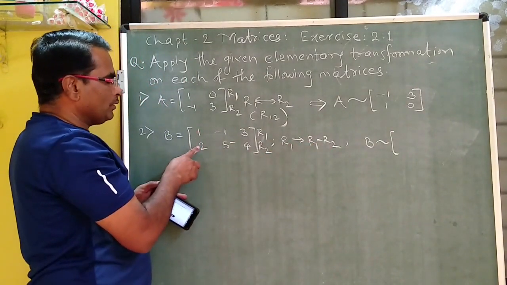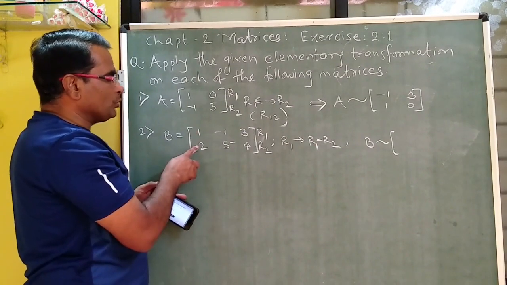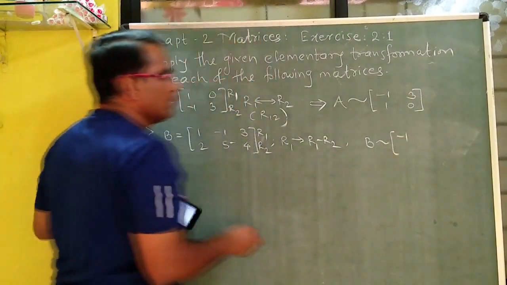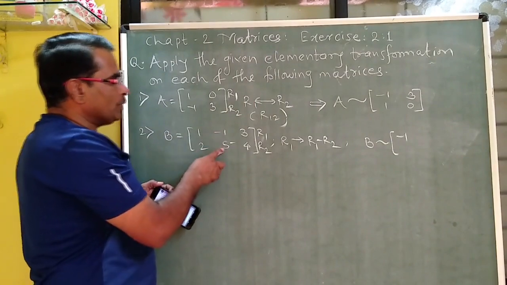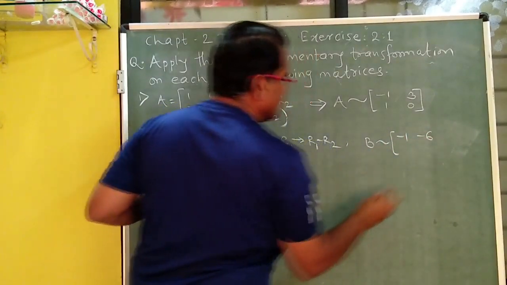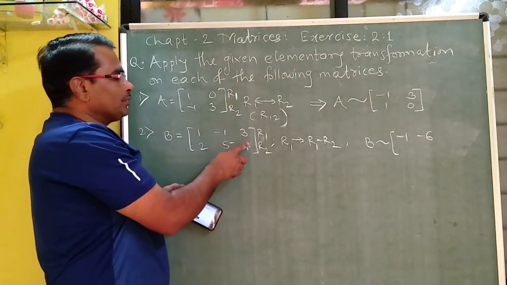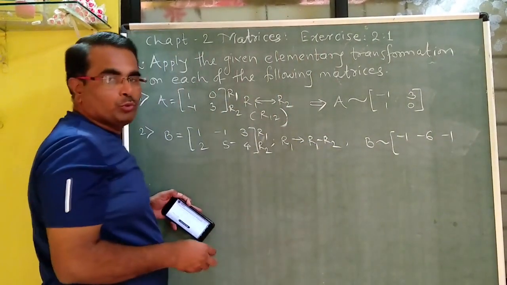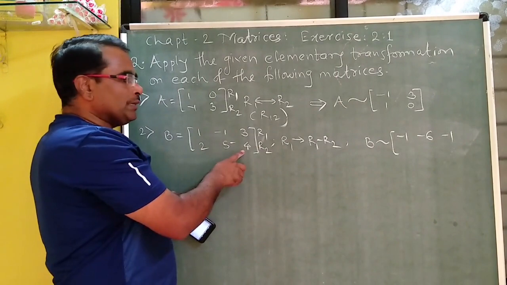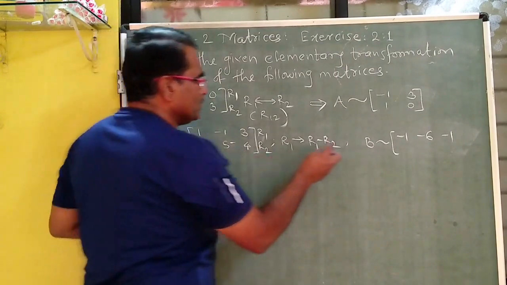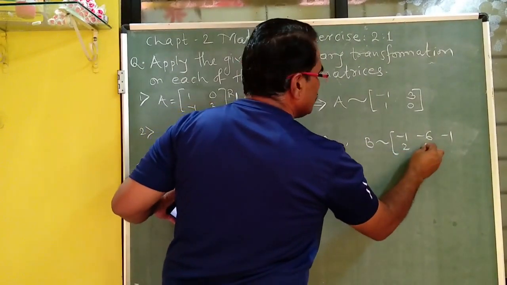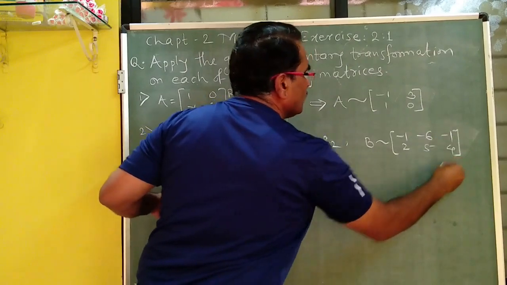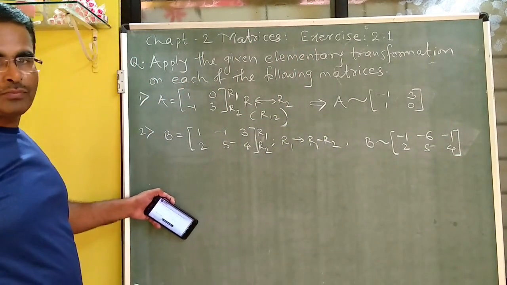So 1 minus 2, it is -1 at the 1 1 position, -1 minus 5, -6 at the 1 2 position, and 3 minus 4, -1 at the 1 3 position. Due to this type of operation, there will be no change in the second row, that is 2 5 4, that remains as it is.